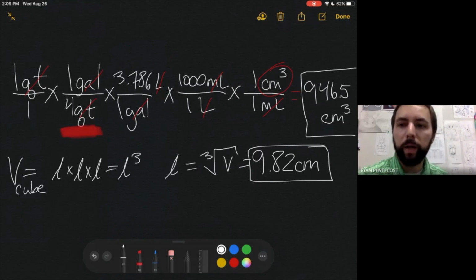Okay, 9.82 centimeters. So that would be the length of each side of that cube. If we were going to take a quart of ice cream and cram it down, that is 9.82 centimeters, which is not a bad size cube. That's got pretty decent size to it.